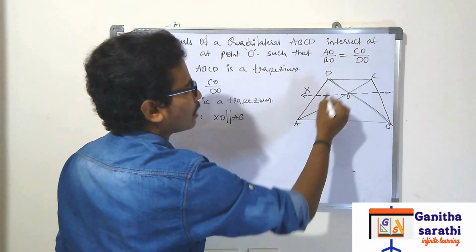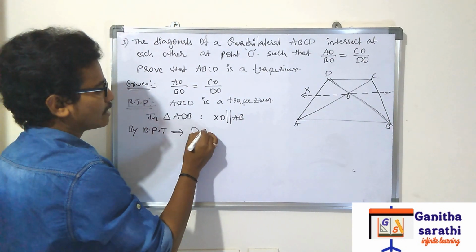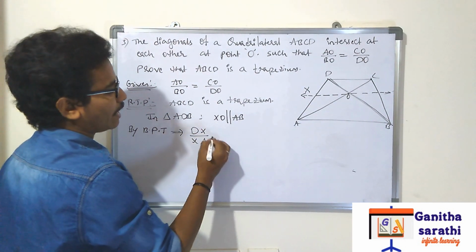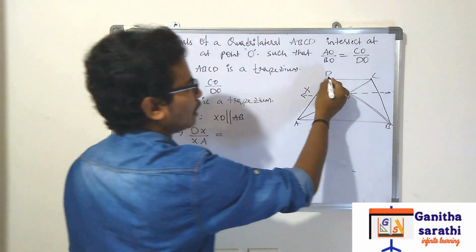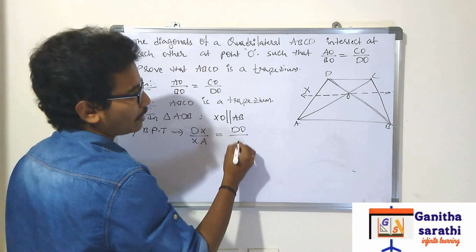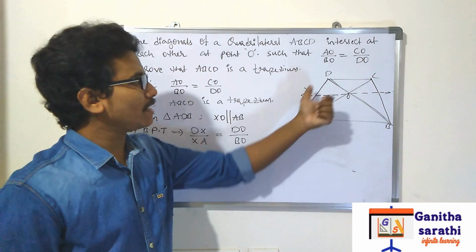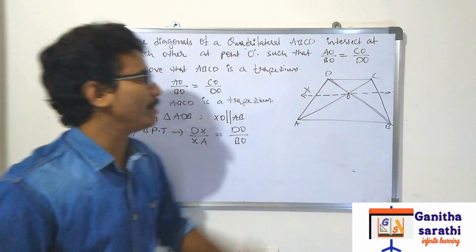DX by XA is equal to DO by BO, or OB, however you like to write it. DX by XA is equal to DO by BO, okay?